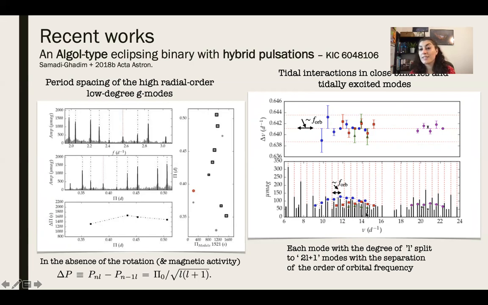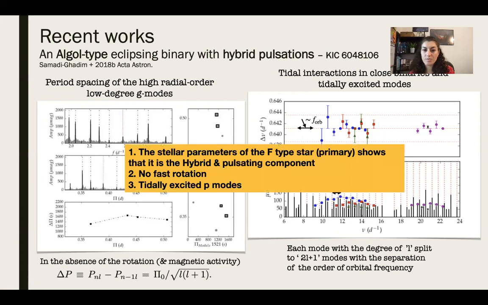In the frequency region for the higher frequency modes, I detected that most of these frequencies are spaced regularly with a spacing as large as the orbital frequency. So these are tidally excited modes.